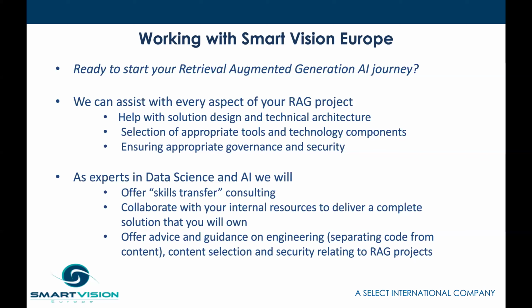So offering skills transfer consulting is something we would normally do anyway, collaborating with your internal resources to deliver a complete solution that you own, and offering advice and guidance on engineering, content selection, and all things related to RAG projects is something we're happy to do.